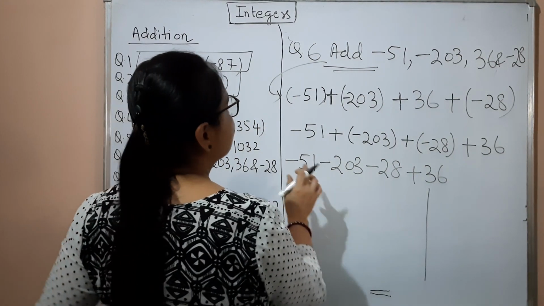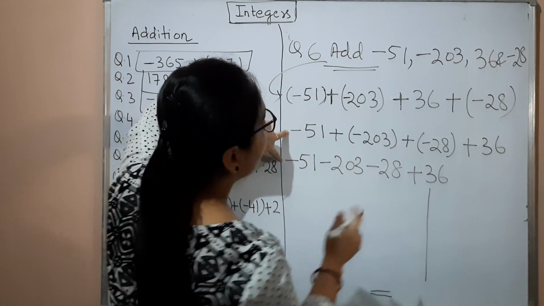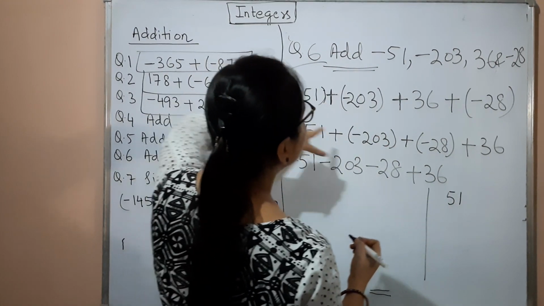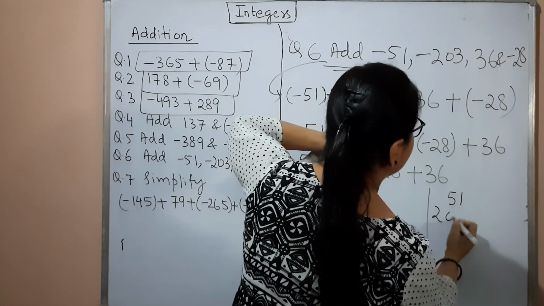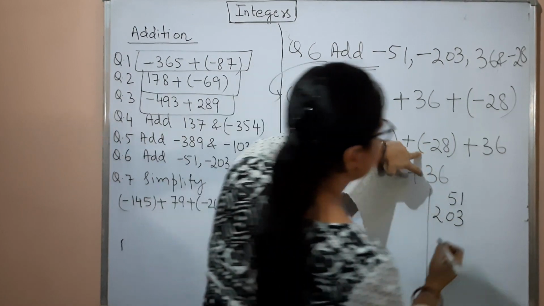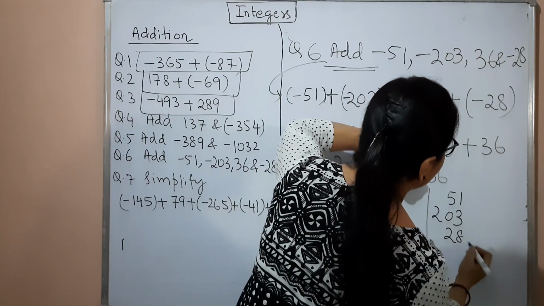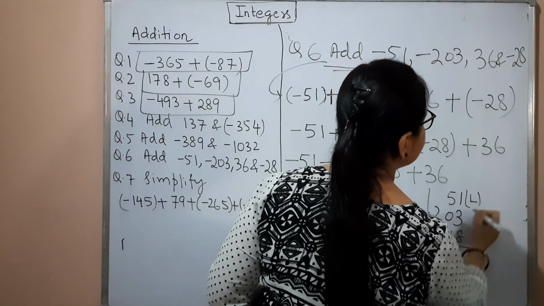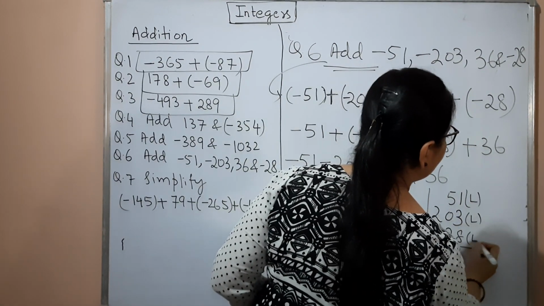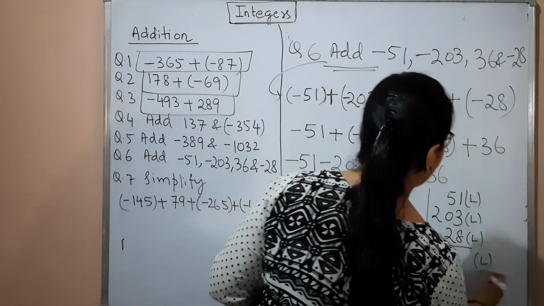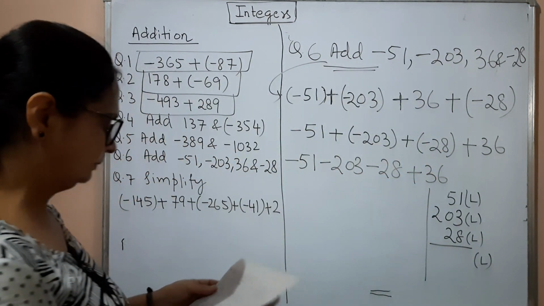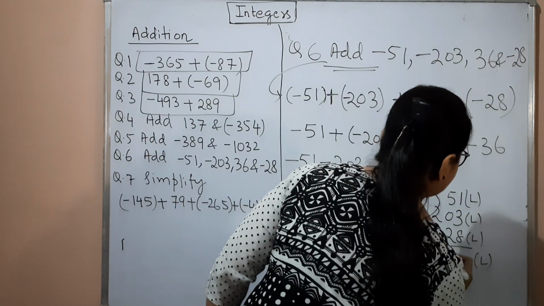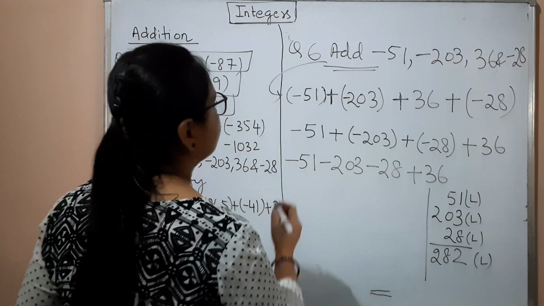Now you can see, चाहे आप इसको ले लो, लॉस कितना है? 51 रुपीज का लॉस पहले दिन, दूसरे दिन 203 का लॉस, तीसरे दिन 28 का लॉस, या 4 दिनों में 3 दिन लॉसेस हो रहे हैं, so all these are losses, so obviously the total loss will be how much? It will be 282 is the total loss.